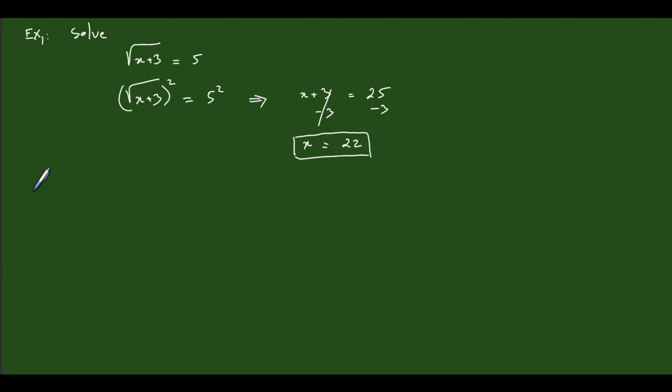Now, example 2. What if I have something like this? The square root of 4y squared plus 5y minus 15 equal 2.